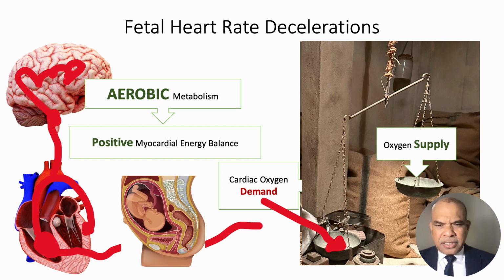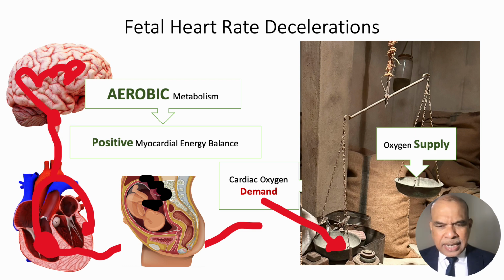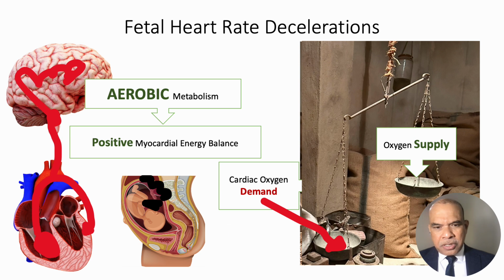And fetuses also experience a similar situation, because when the umbilical cord gets squeezed or placental blood supply gets cut off, their oxygen supply coming via the umbilical cord is reduced, and therefore the cardiac demand outstrips the supply. So imagine what would happen in that situation.